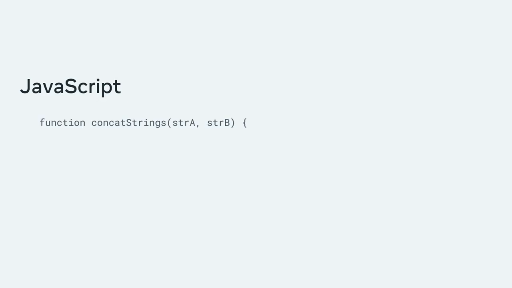As I demonstrated earlier, I could execute the concat strings function, with the first argument being the string ABC, and the second argument the string DEF. I would then expect the function to return ABCDEF when I call it. To write this as an expectation, in some testing frameworks, such as Jest, I can use the function that has the name expect.